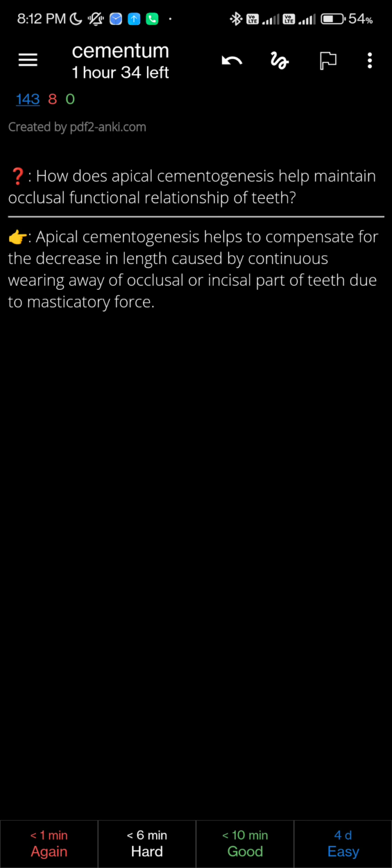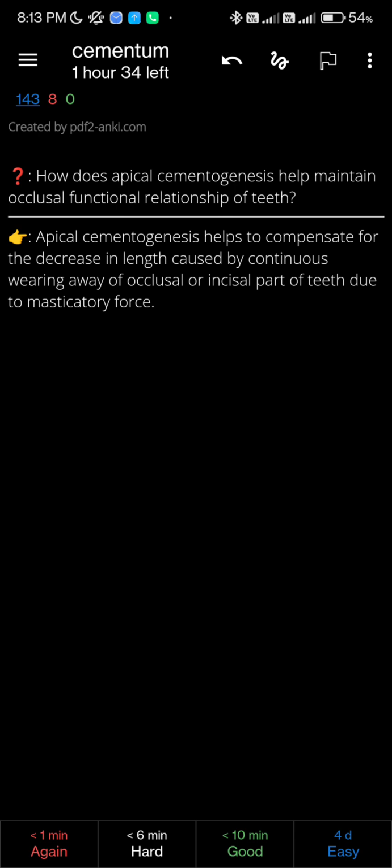So apical cementogenesis helps to compensate for the decrease in length caused by continuous wearing away of occlusal or incisal part of teeth by masticatory force.